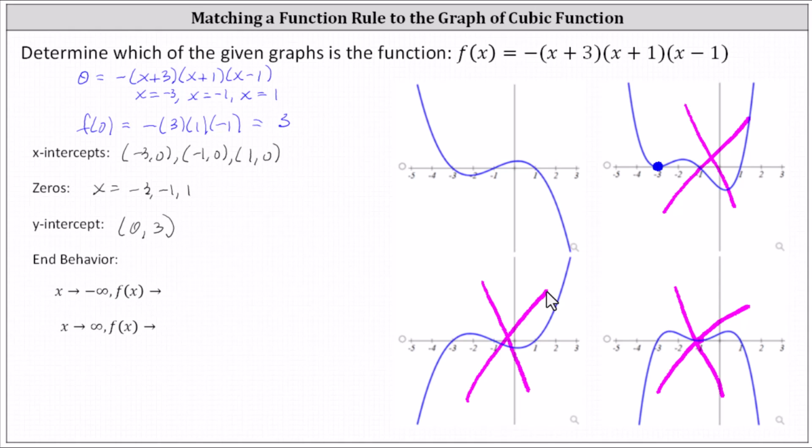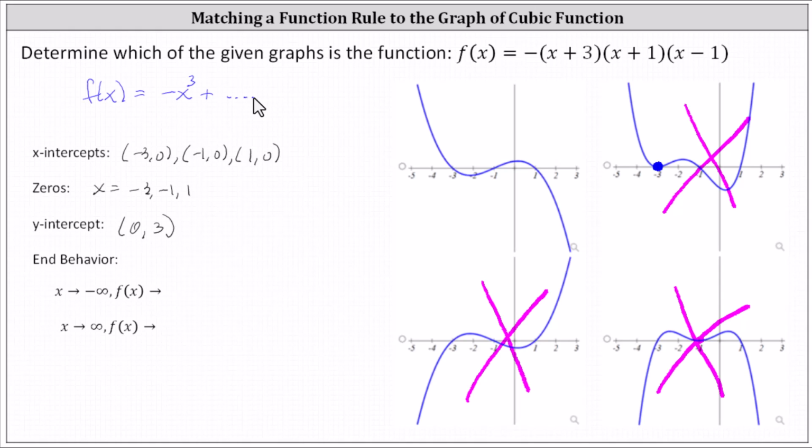Recall when determining the end behavior of a polynomial function, we only have to consider the term with the highest degree. If we were to multiply out the factors of f of x, notice the highest degree term would be negative x cubed. We can write f of x equals negative x cubed, and then we'd have plus additional terms which would not affect the end behavior.